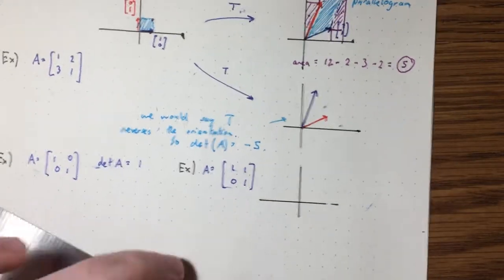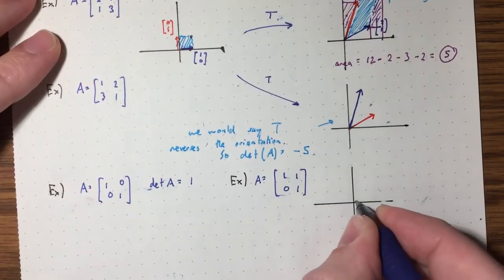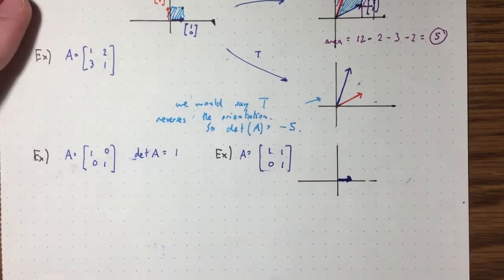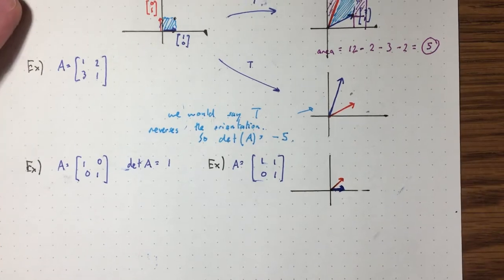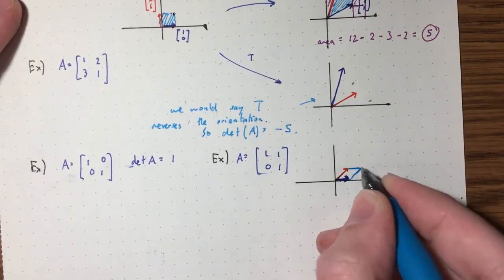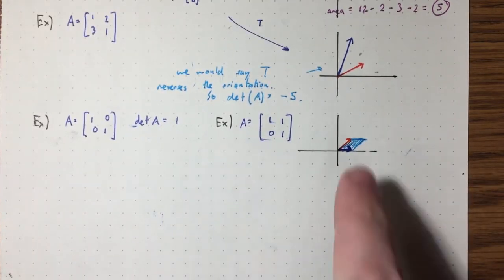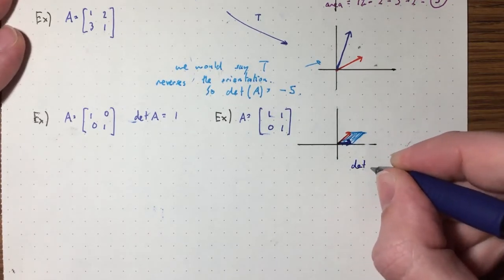So again, this is our starting picture. 1, 0 just stays where it is. That's what the first column's telling me. 0, 1 gets sent to 1, 1. So I get this shape, again a parallelogram. That's where the unit square gets sent. But you see, this also has area 1. So the determinant of this A is also 1.